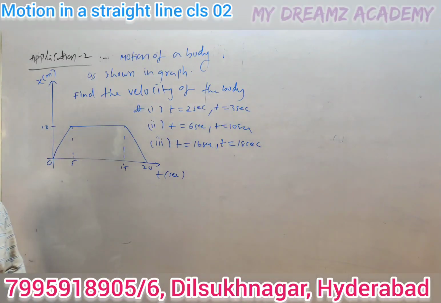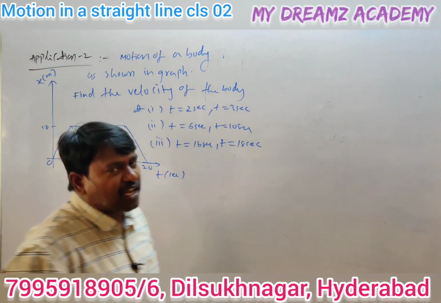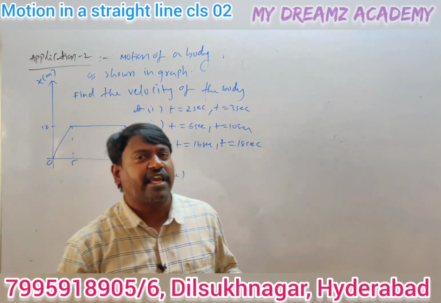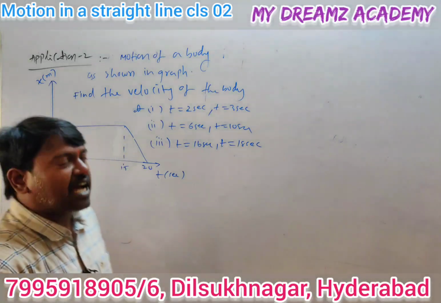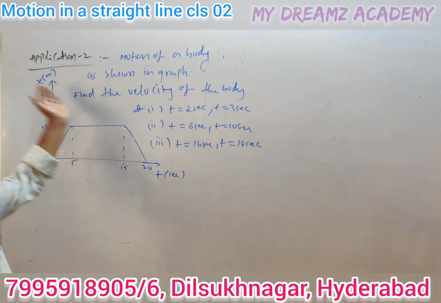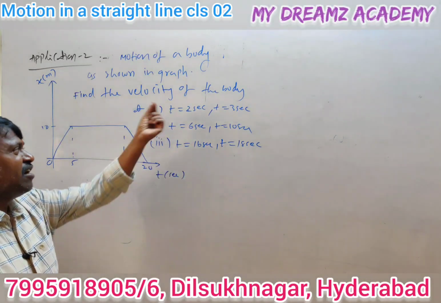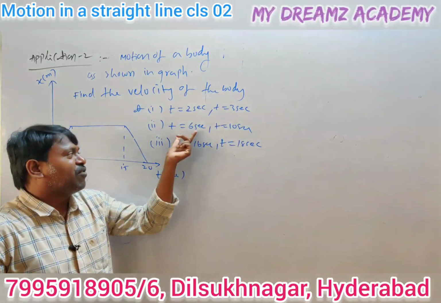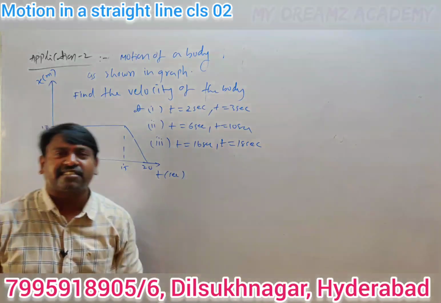A body is moving along a straight line as shown in the graph. Find out the velocity of the body at different time intervals: at t equals 2 seconds, 3 seconds, 4, 6 seconds, 10 seconds, 16 seconds and 18 seconds.